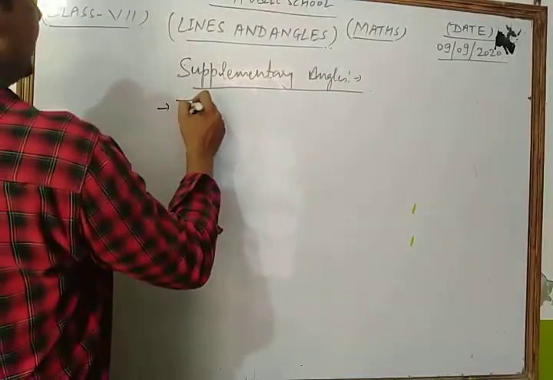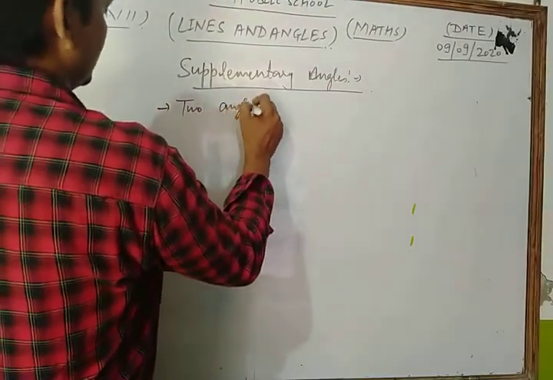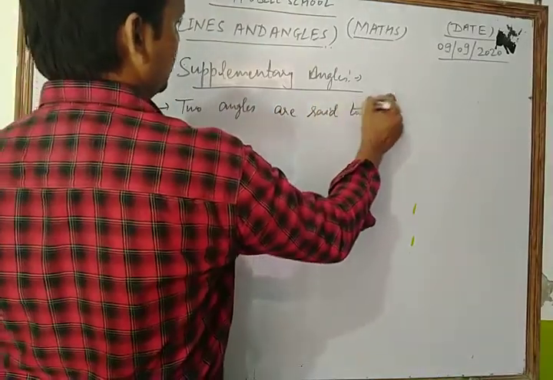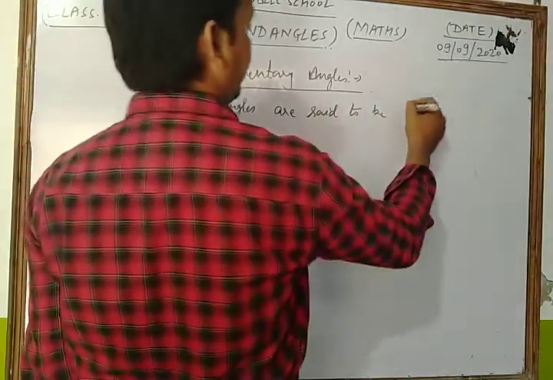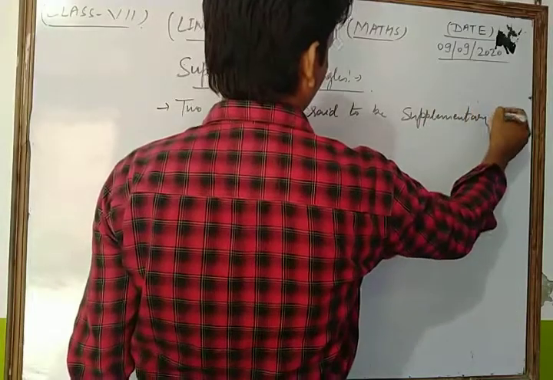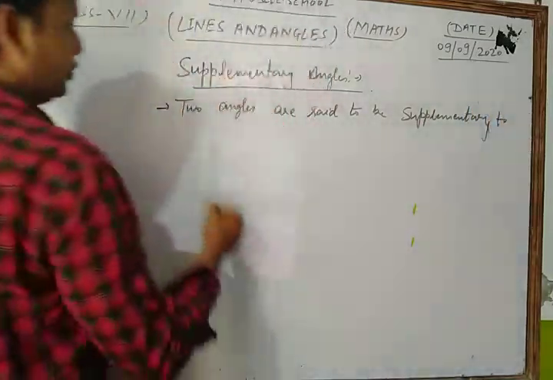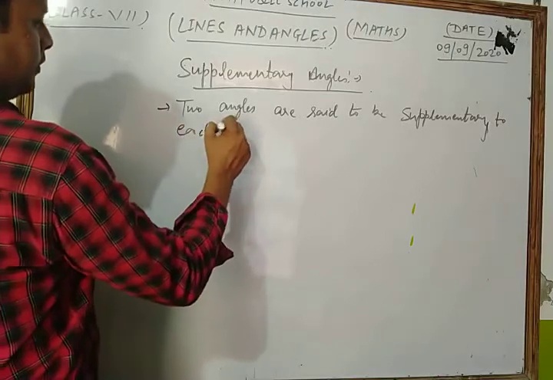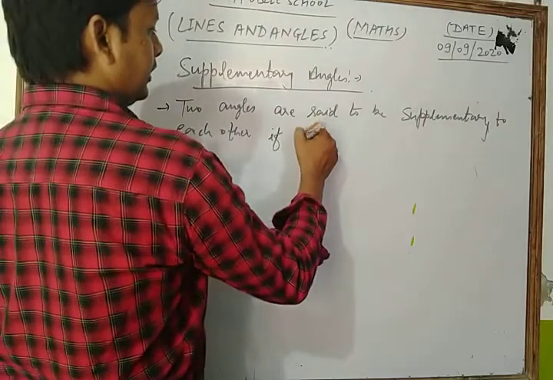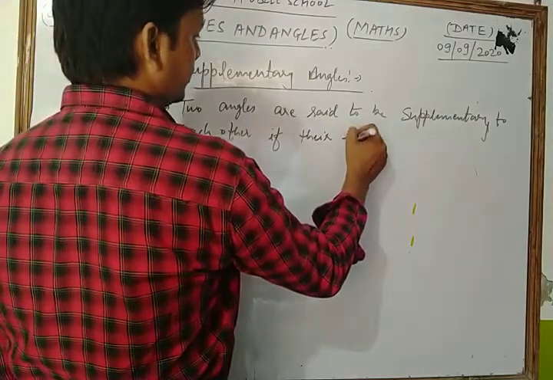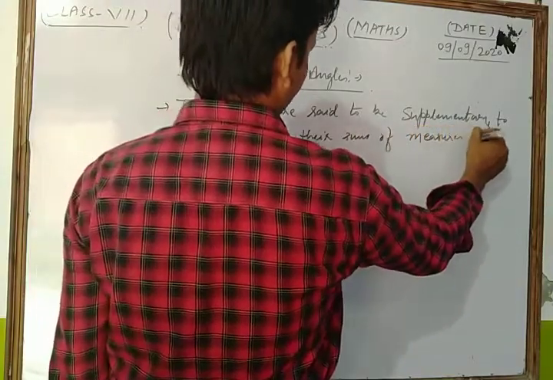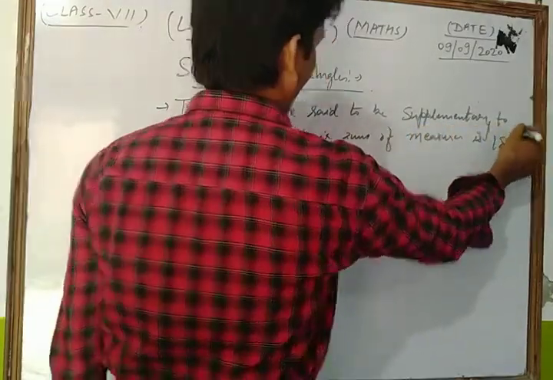Two angles are said to be supplementary to each other if their sum of measures is 180 degrees.